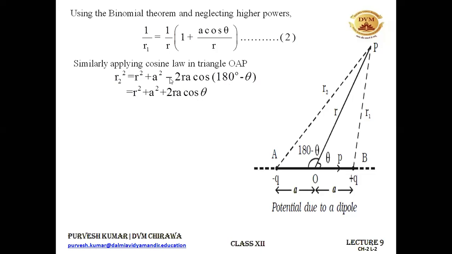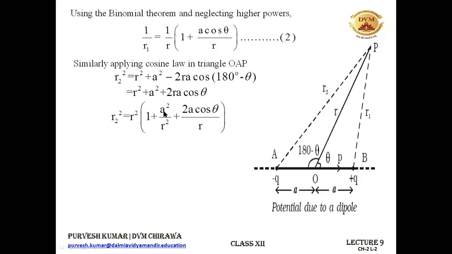Now we need to do the same procedure. Take R square common, and when we are taking this R square common, I can be writing it as 1 plus A square upon R square plus 2A cos theta by R. All right. So this R square I have taken common.